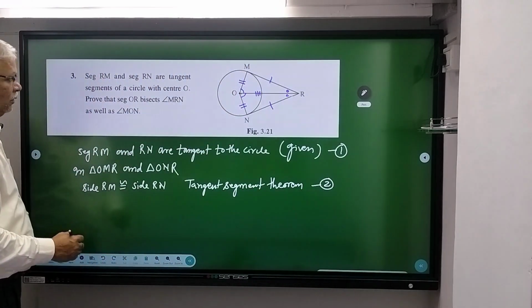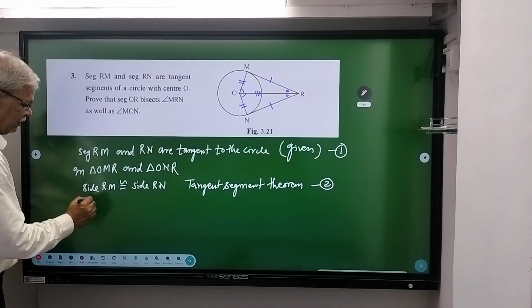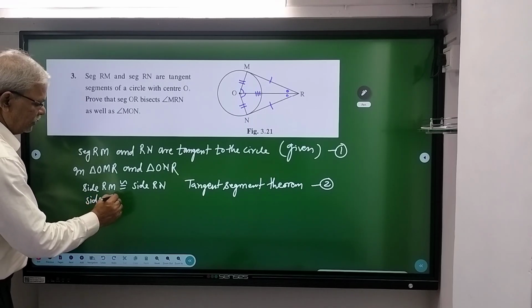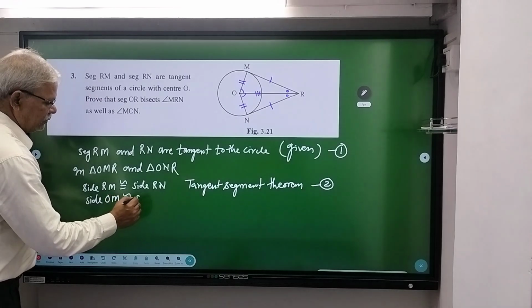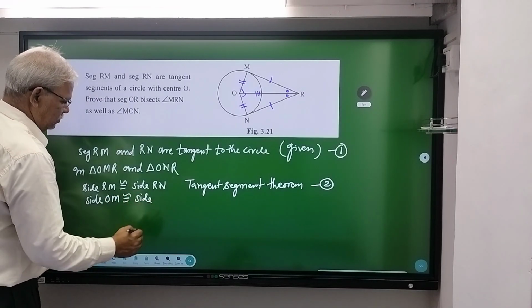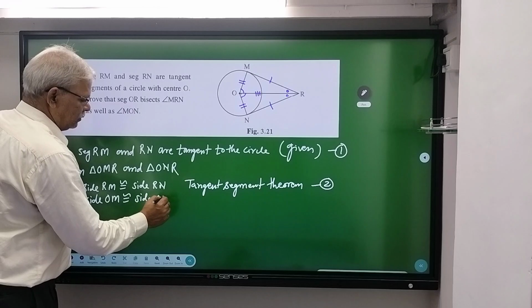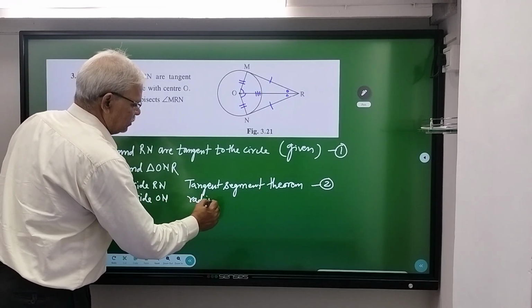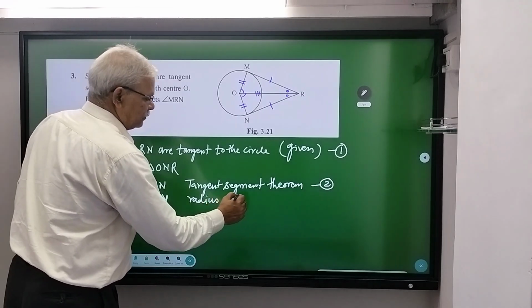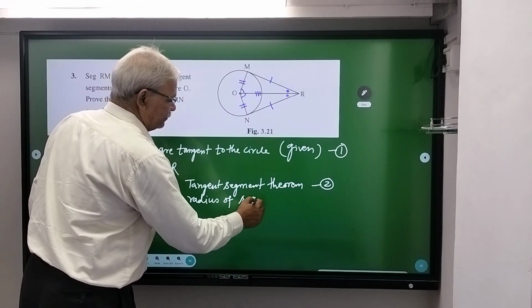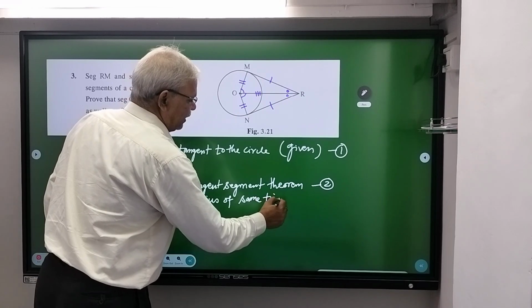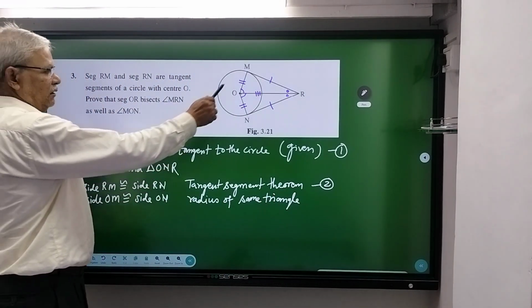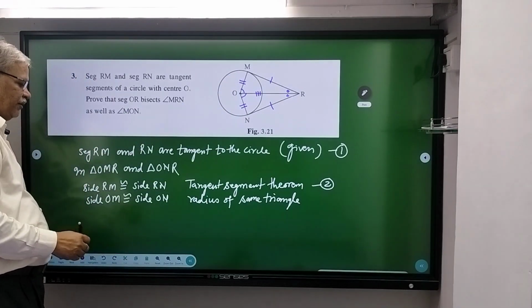Then side OM is congruent to side ON, radius of the same circle. These are the radius of the same circle, any problem?